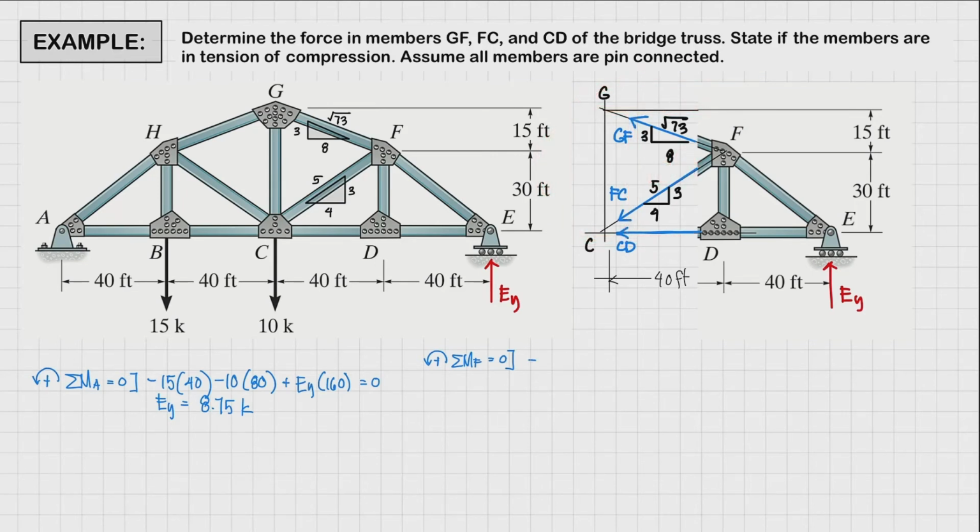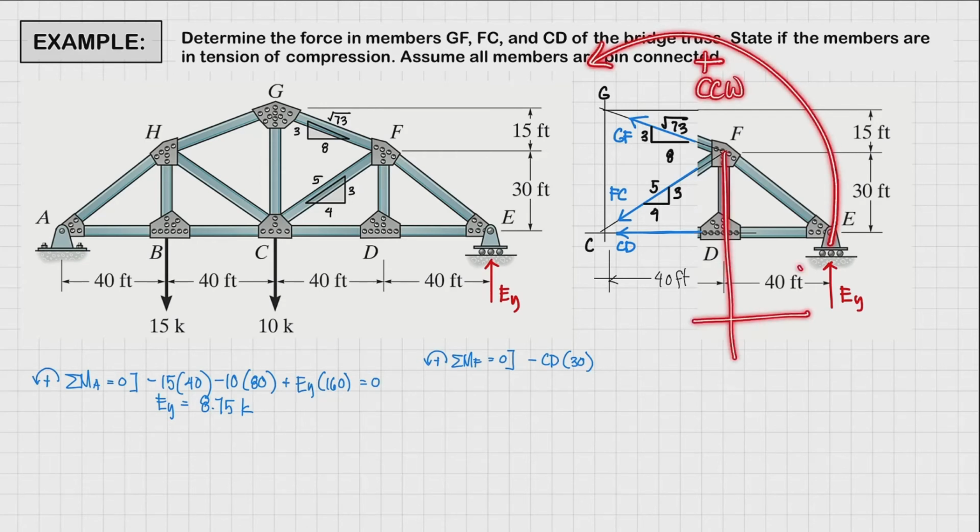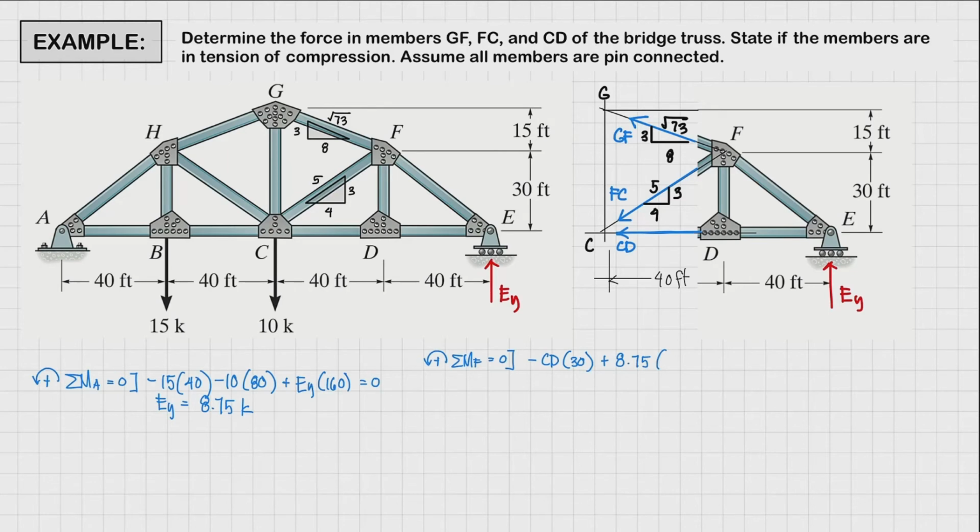Or rather, sorry, this is going to be 30 feet. So negative CD times 30. The next, EY, is going to rotate in a counterclockwise manner, so that's going to be positive, and the perpendicular distance is going to be 40 feet. So we have positive 8.75 times 40, and the whole thing must be equal to 0.